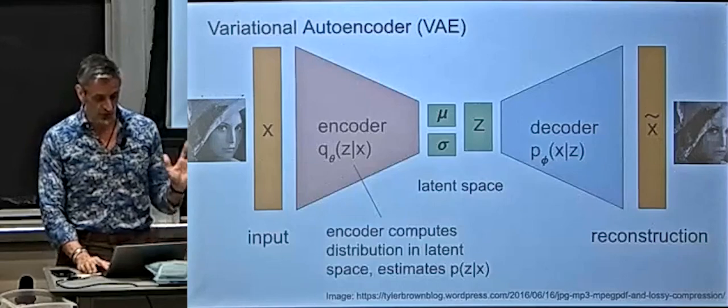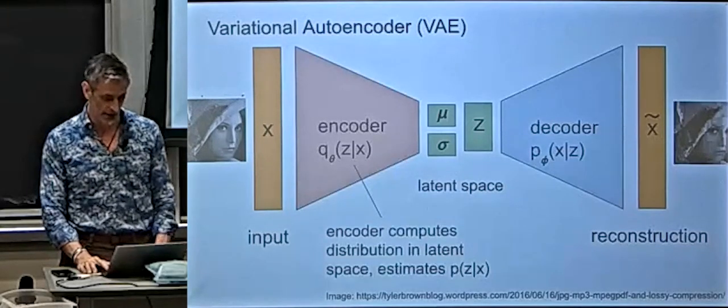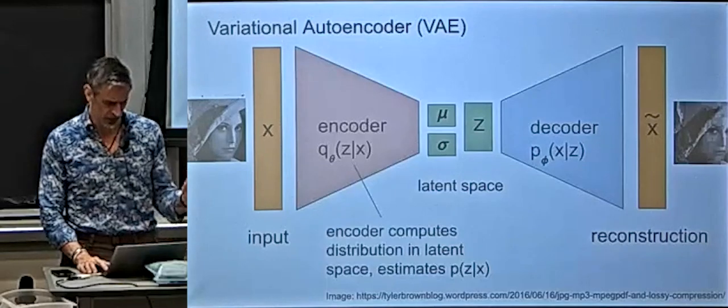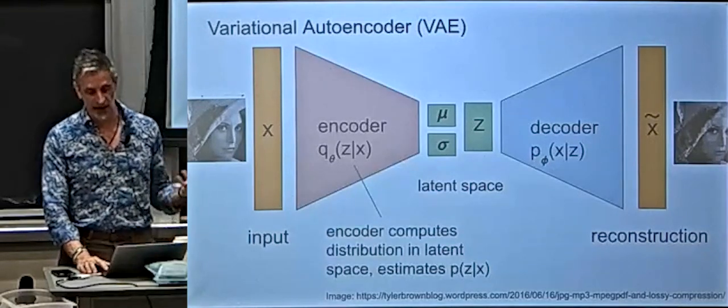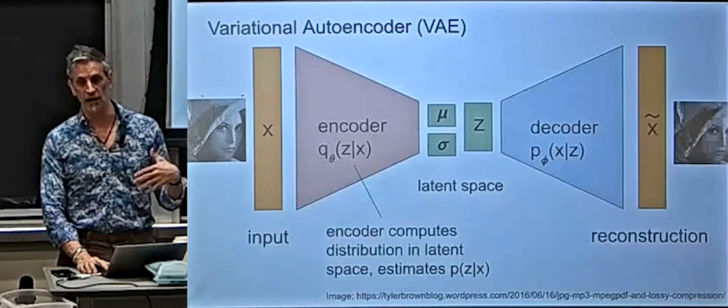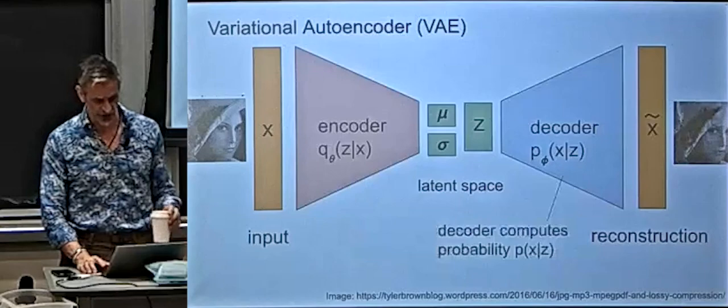Okay. So our encoder is figuring out what is the distribution of images or inputs that we put in our latent space, and it is estimating the probability of a certain latent vector given our image.